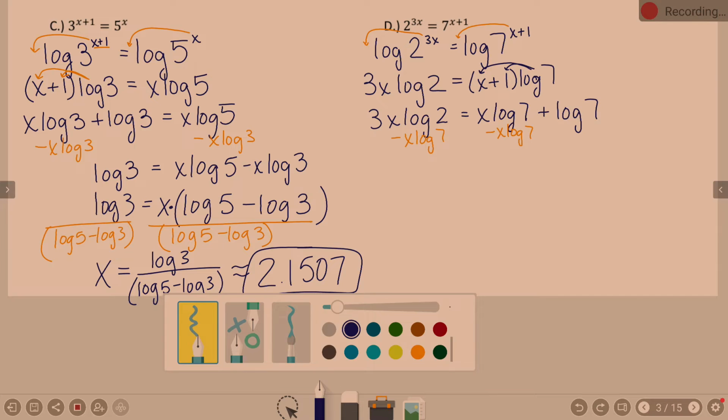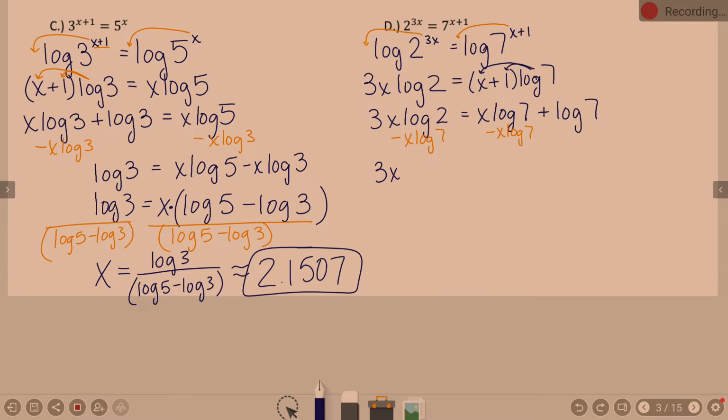Then when I do that, on the left, I have 3x log of 2 minus x times log of 7. And that's going to be equal to log of 7 that remains on the right.